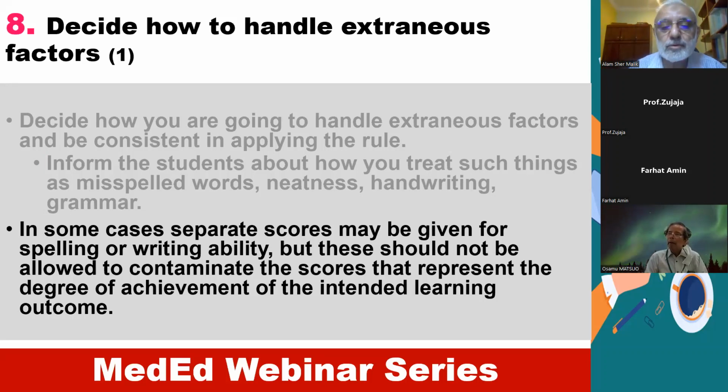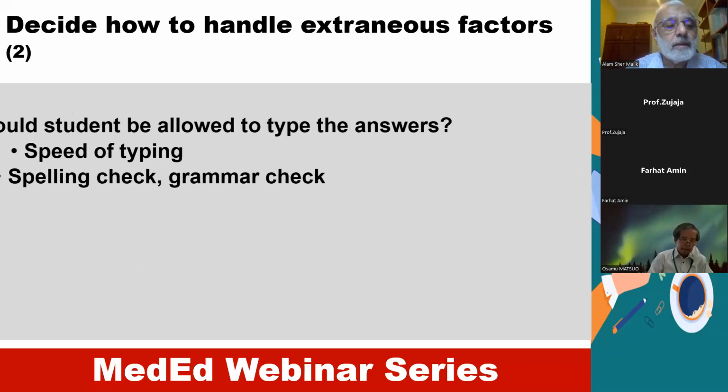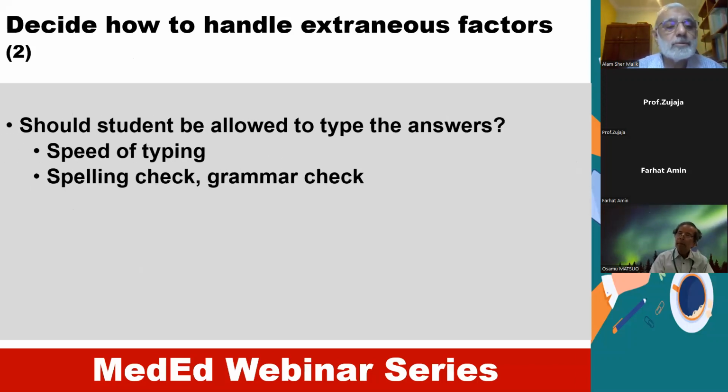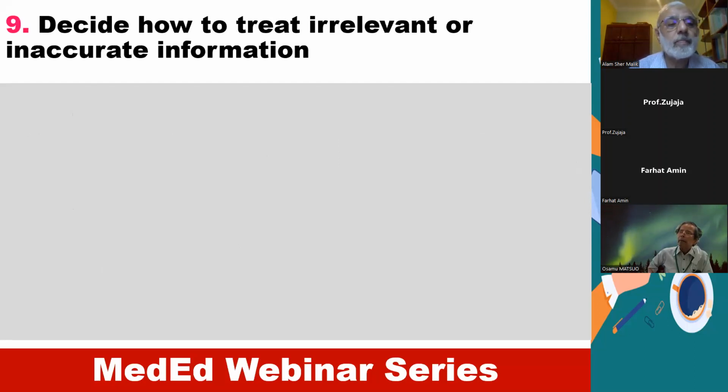However, this score should not contaminate the intended learning outcomes. Now, should students be allowed to type the answer rather than handwriting? Then the questions about the speed of typing and spelling check or grammar check would come in, and again, it has to be decided by the institution whether it's allowed or not.